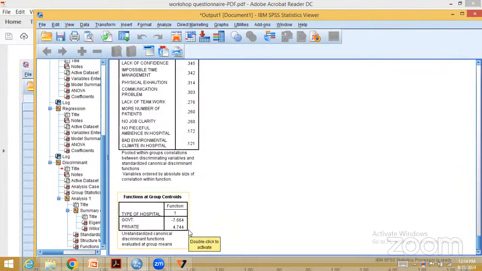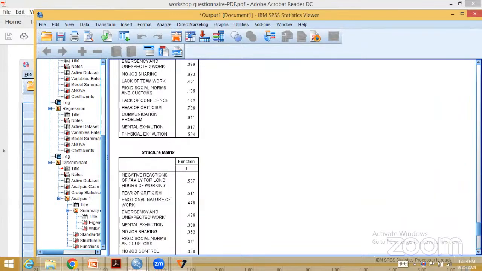So when we apply multiple discriminant analysis with two groups, definitely one group should have a positive coefficient and the other group a negative coefficient. Here the government hospital has the negative coefficient. That means negative for government, positive for private.